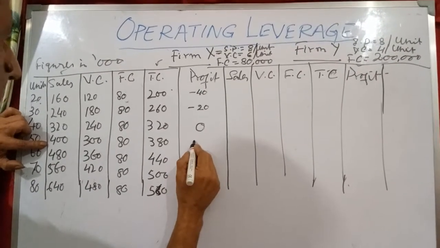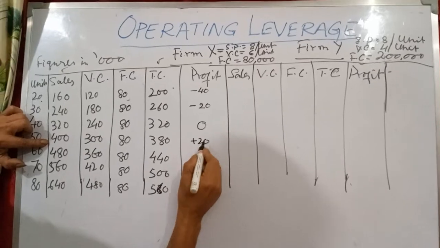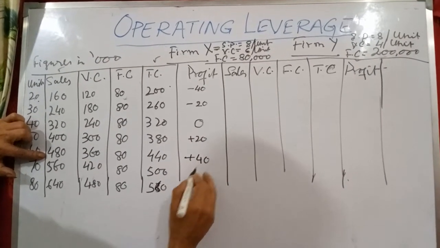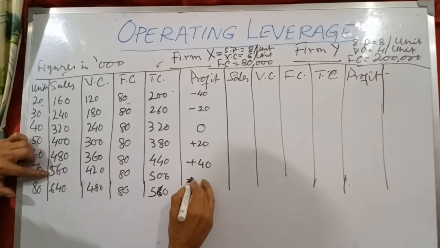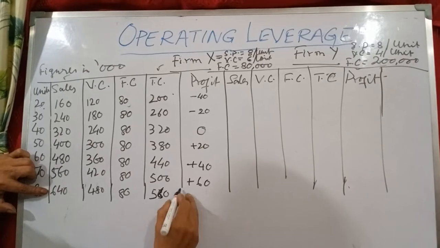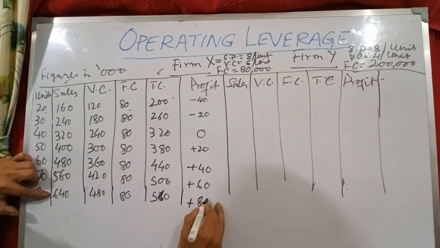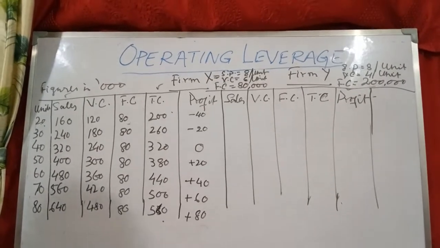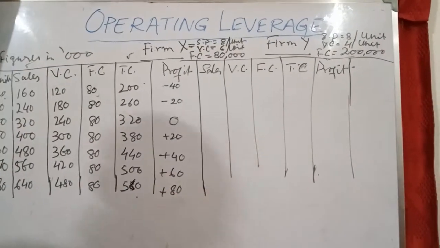This is plus 20. This is plus 40. This is plus 60. And this is plus 80. Okay, right?